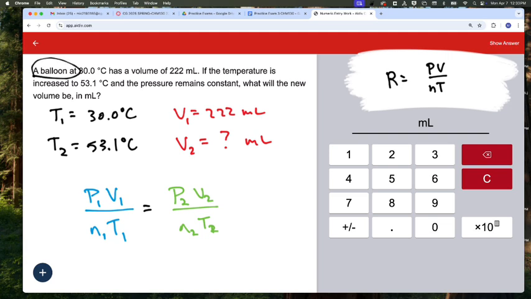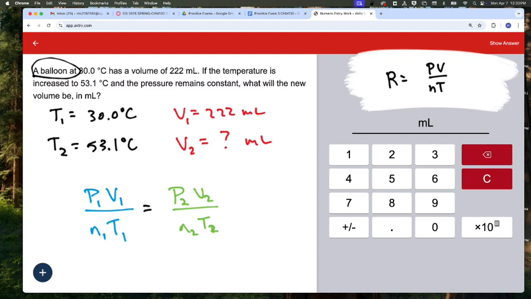We have a balloon that has this volume. The temperature is increased. Did I blow air into it? Did I suck air out of it? No, which means what happened to the number of particles? It stayed the same.